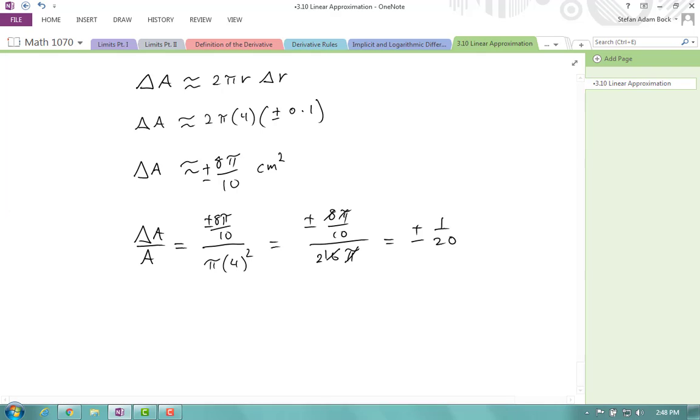So if I'm talking about this in percentile error, I have a plus or minus 5% error in calculating the area of my circle.